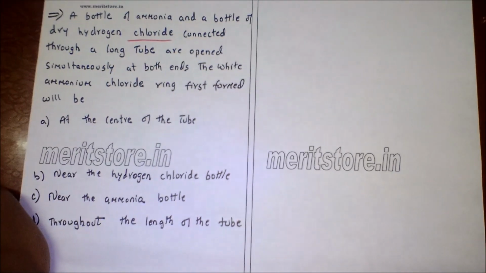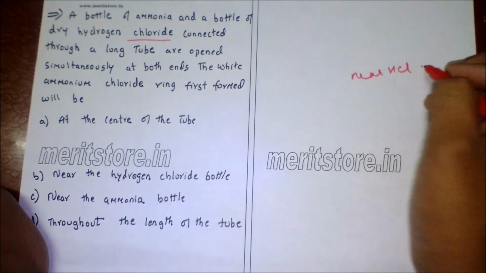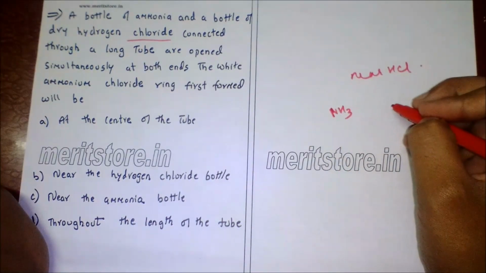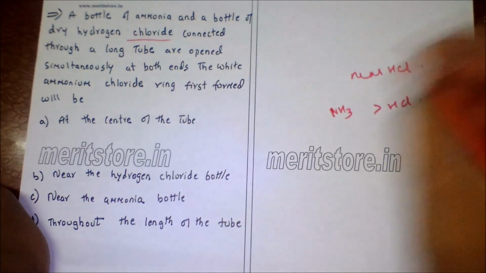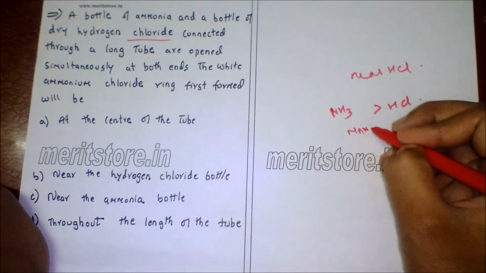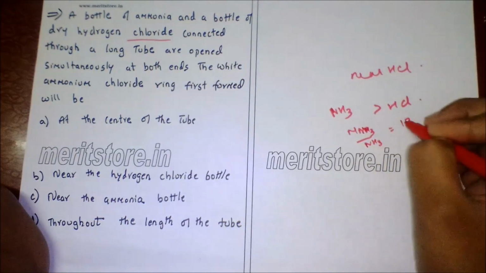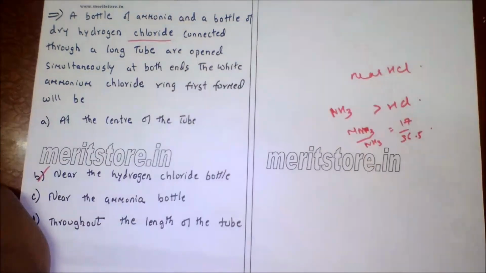The ammonium chloride ring will be first formed near the HCl bottle because the rate of diffusion of ammonia is more than that of HCl, because the masses of ammonia and HCl are 17 and 36.5. So ammonia will reach the HCl bottle first and will react there to form the NH4Cl ring. So option B is the correct answer.